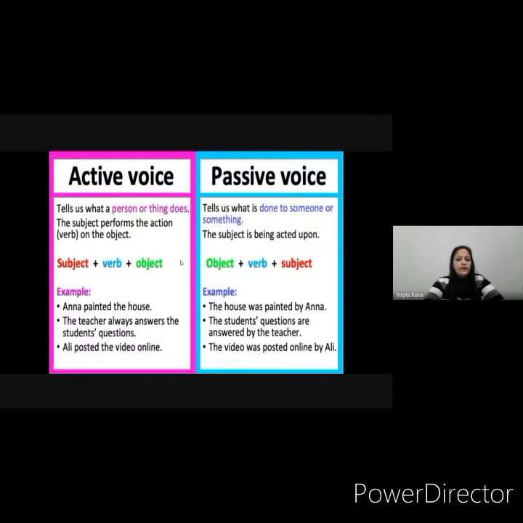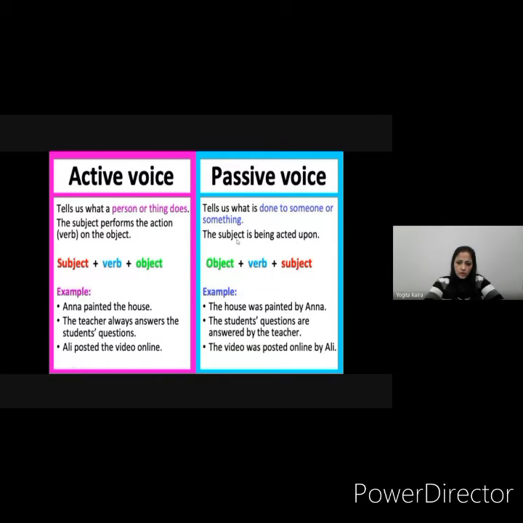Now, here we can very well demarcate between the active voice and the passive voice. In the active voice, it tells us what a person or thing does. The subject performs the action on the object. Whereas in the passive voice, it tells us what is done to someone or something.